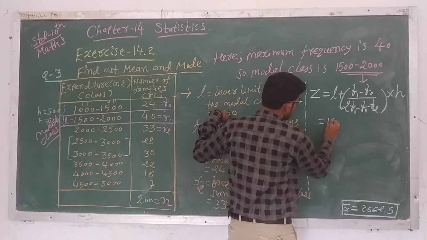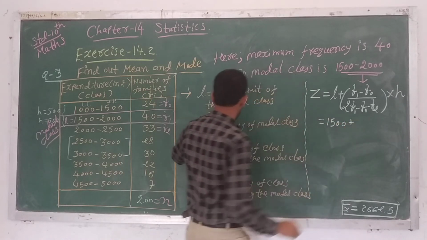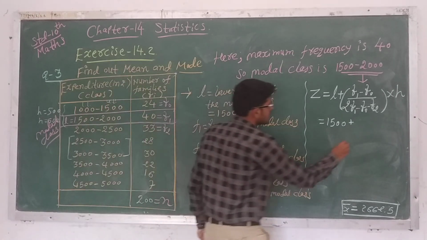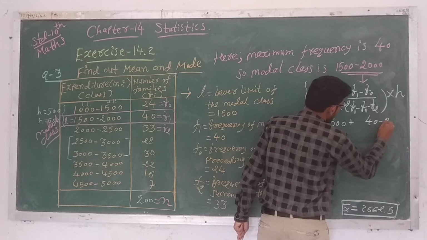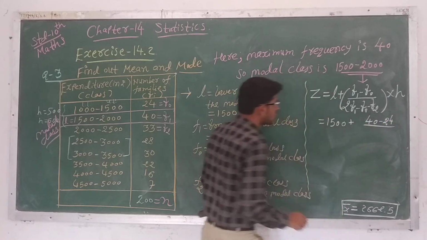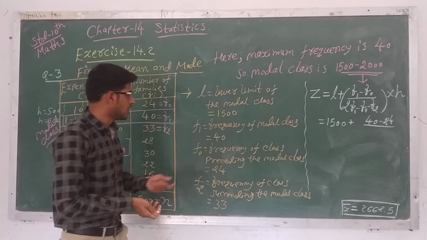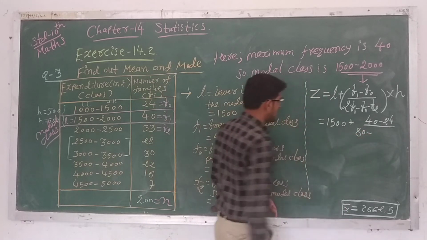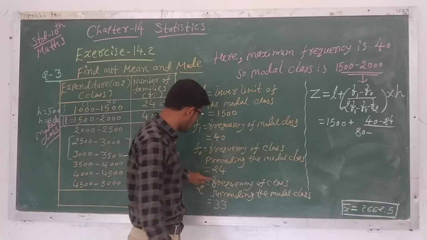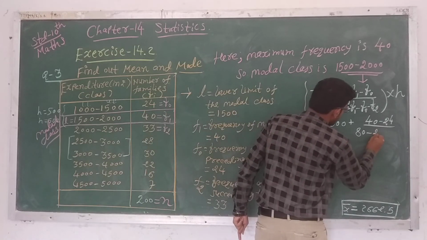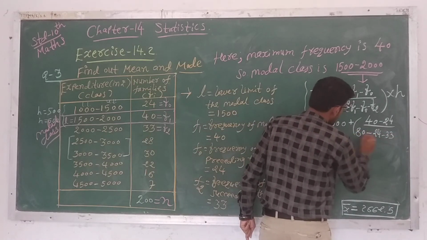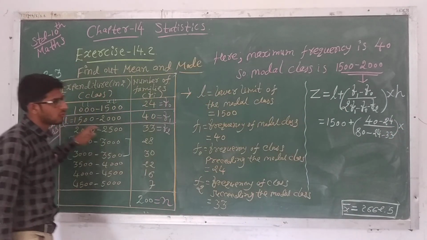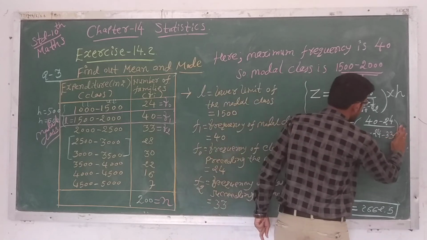So F1 minus F0, 40 minus 24, divided by 2F1, so 40 twos are 80, minus F0, which is 24, minus 33, into class length H equal to 500.